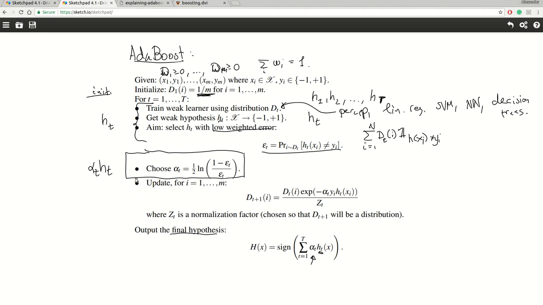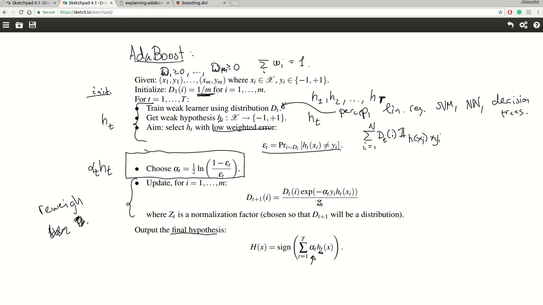Then in this final step we reweigh the training data, that is, the distribution on the dataset. The distribution and the dataset weights are both called capital D, so let's just say we reweigh the dataset. For each point you compute a new importance for the point.